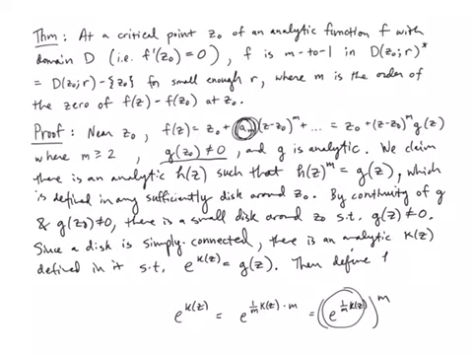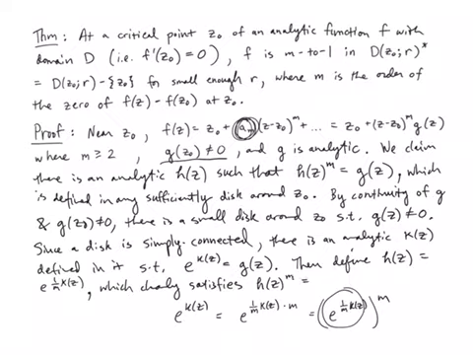So then define h of z to be e to the 1 over m times k of z. Okay, which clearly satisfies h of z to the m equals g of z, right?